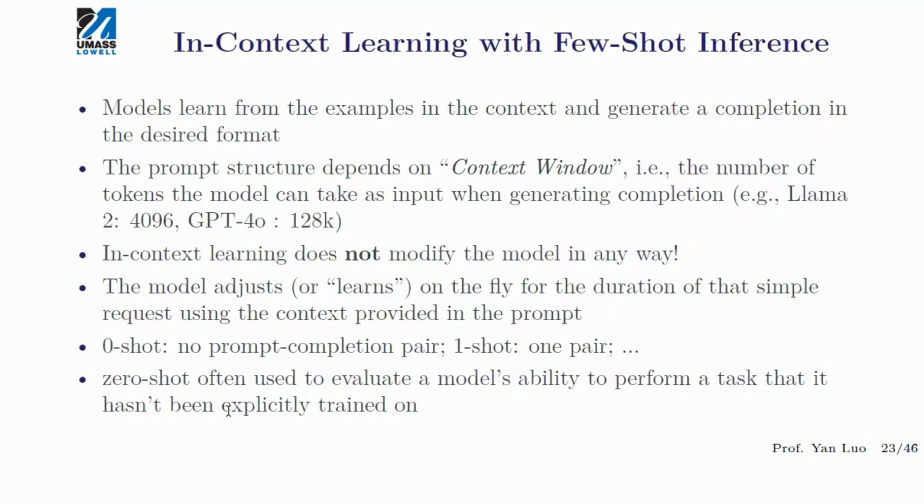It just learns on the fly for the duration of that context. Zero shot is where we don't have these examples, and one shot is where you provide one example. Zero shot is often used to evaluate the model's ability to perform a task that it hasn't been explicitly trained on.